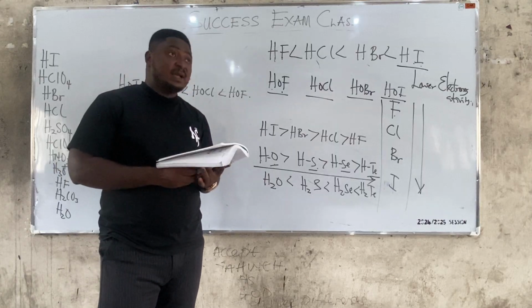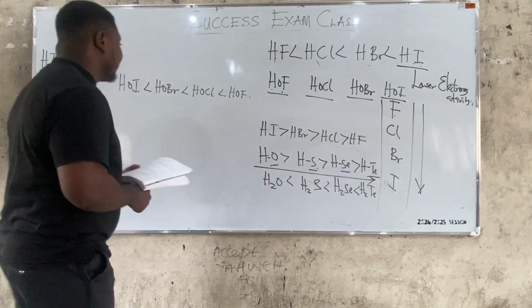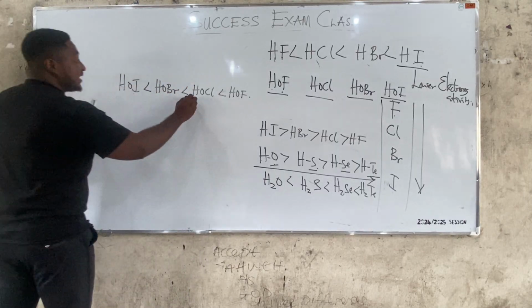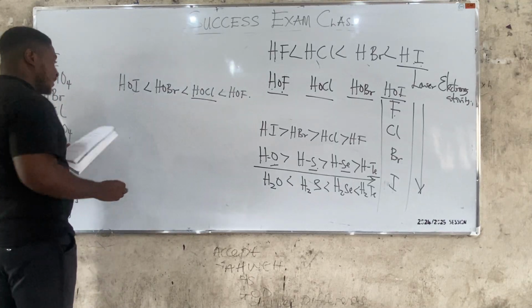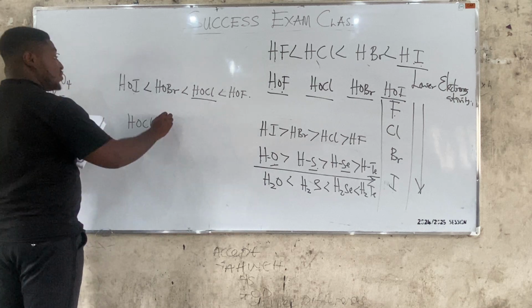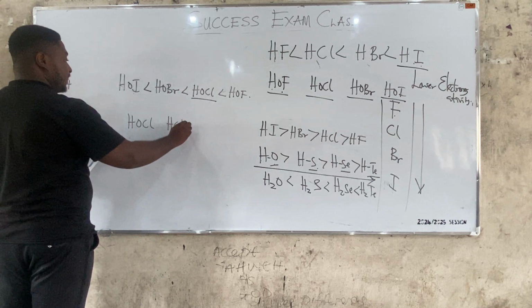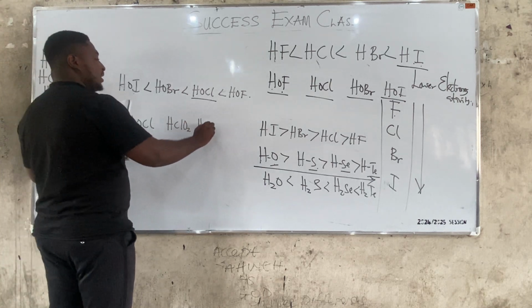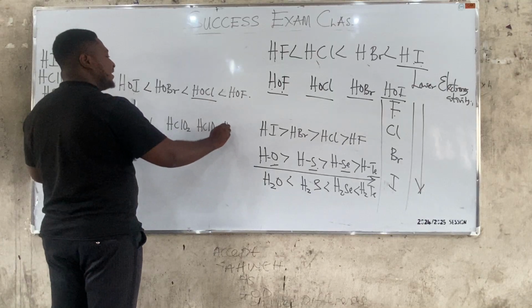Class, let us now also still look at oxo acids. So let us pick just HOCl now. So we have HOCl, we have HClO2, we have HClO3, we have HClO4.